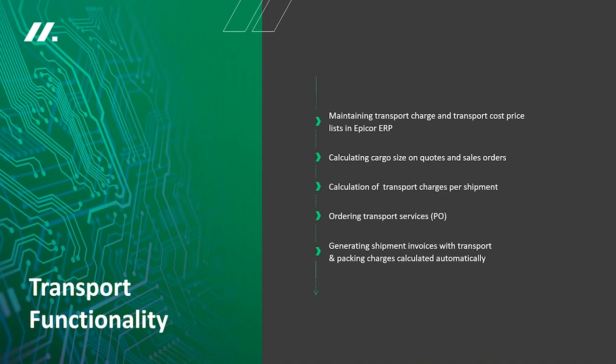And then we'll be talking a little bit about two modes of ordering transport services. Basically our customization creates automatically APO within Kinetic just to, let's say, order transport services. And we'll be also talking about generating shipment invoices with transport and packing charges calculated automatically for the actual shipments that we send out to our customers.